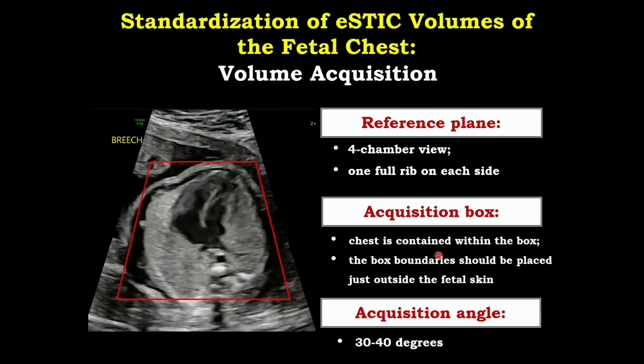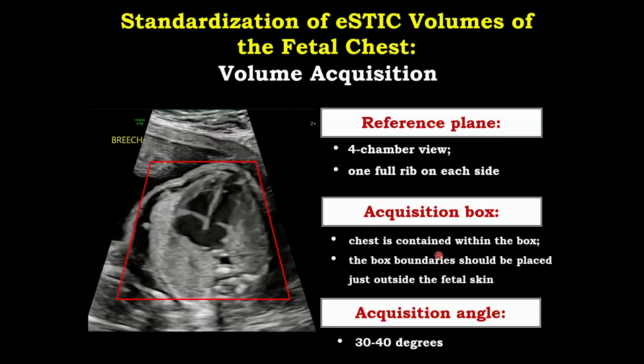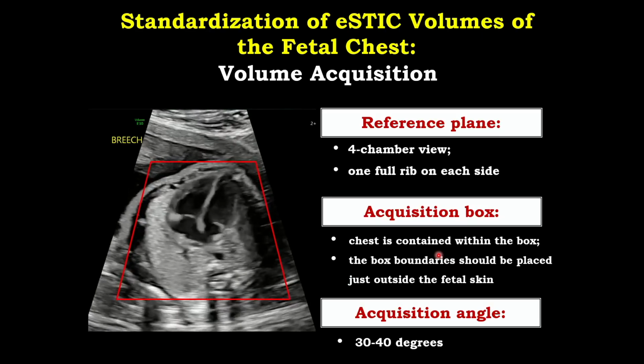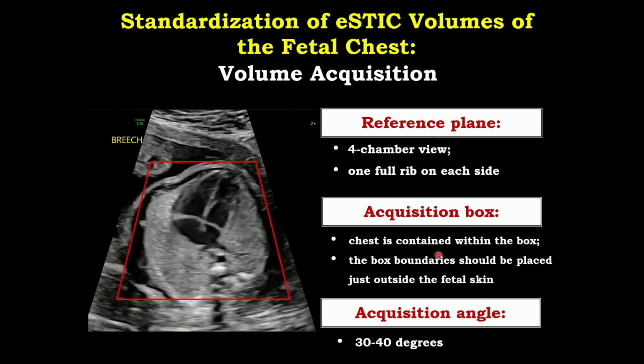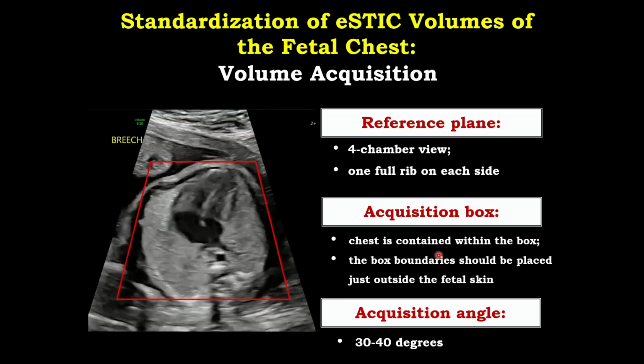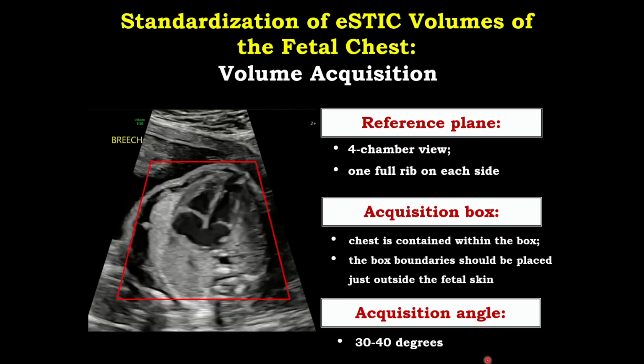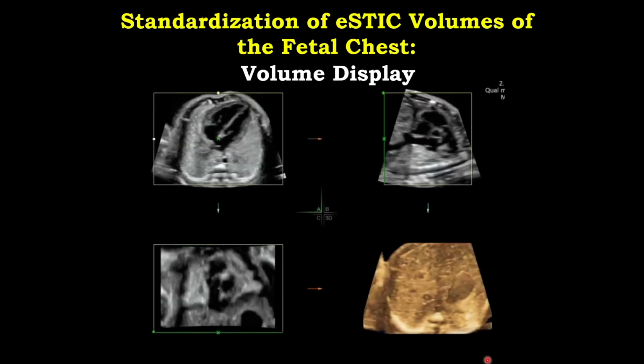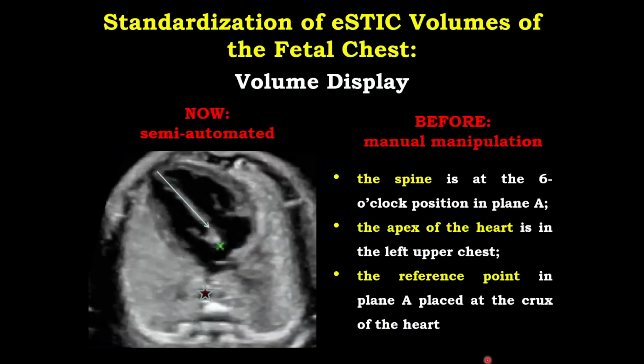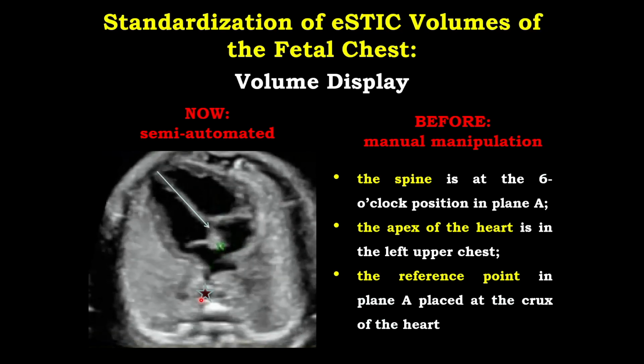As we said, the reference plane usually should be set up at the 4-chamber view. You need to make sure that you have a very nice axial plane that's completely visible, and then you acquire the volume at an angle of about 30-40 degrees. This is exactly what you're going to get on the display. Then you apply this imaging, and the system will ask you to highlight the interventricular septum and place a dot in the descending aorta.